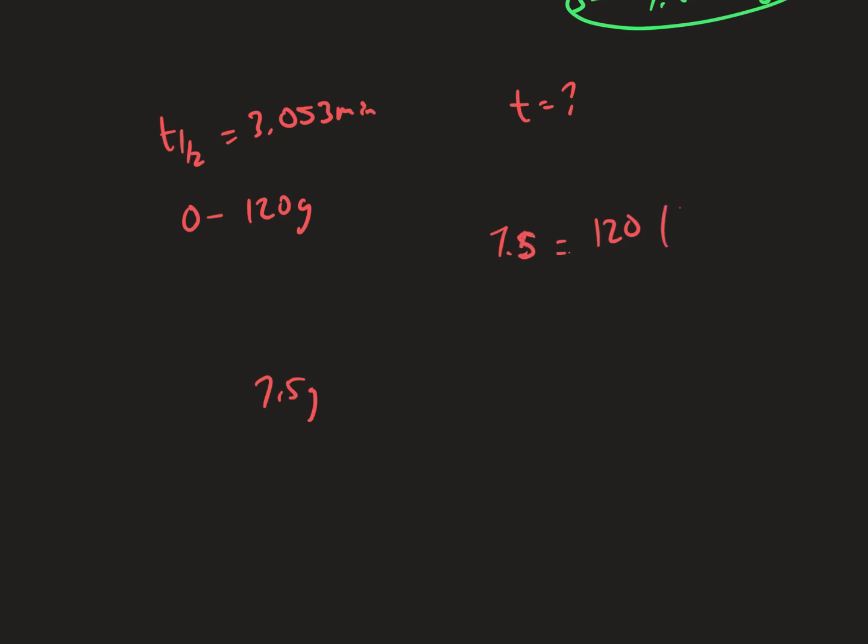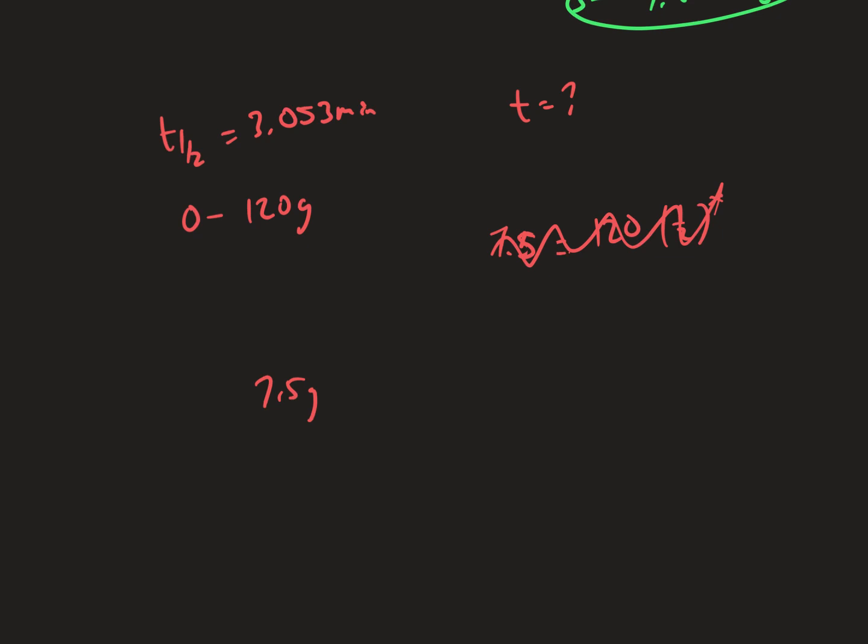Times 1/2 raised to the number of half-lives, X, right? That's the only thing we don't know. This one's a little bit harder using the formula without logarithms. This is why I don't use that. I never use it for these simple problems, okay?